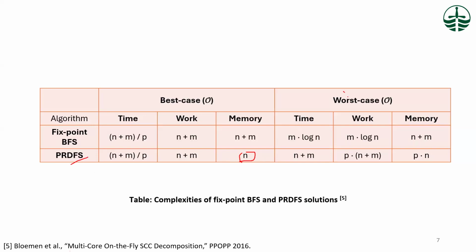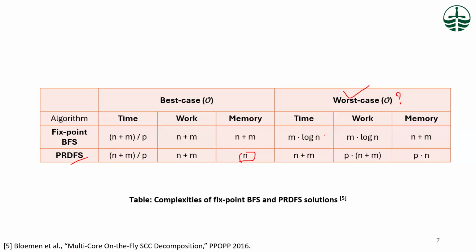Now if we think about the worst case, so worst case means when we can have the worst case. If we have many small SCCs, that will end up with high contention in our work, right?